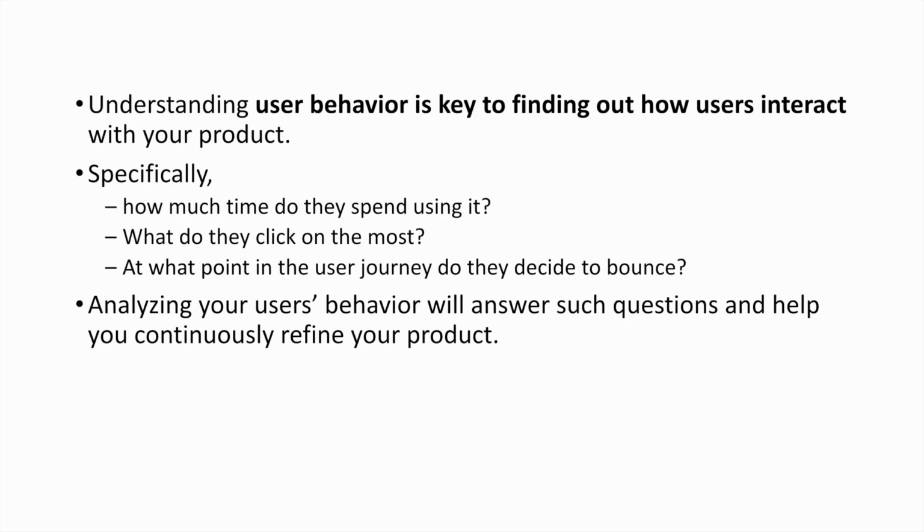So specifically, how much time do they spend using it, like in the app that we've designed, how much time are they spending on each page, and how many clicks are there for a particular button, or for a particular CTA, call to action.